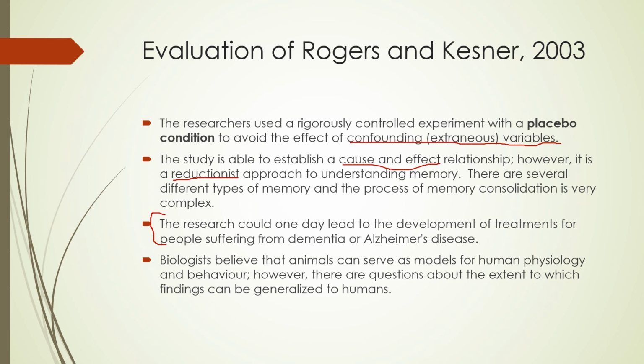And then also biologists believe that animals can serve as models for human physiology and behavior, although this is simply correlative, right? And so the extent to which these findings can be generalized to humans is still in question and needs to be thought about when you're writing about this, possibly on an SAQ or something like that.